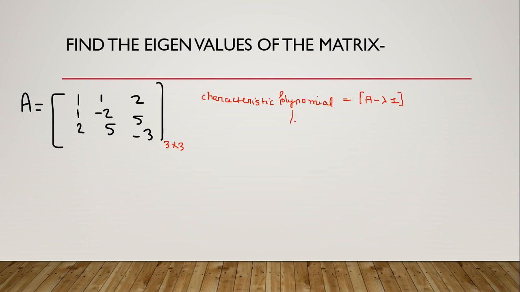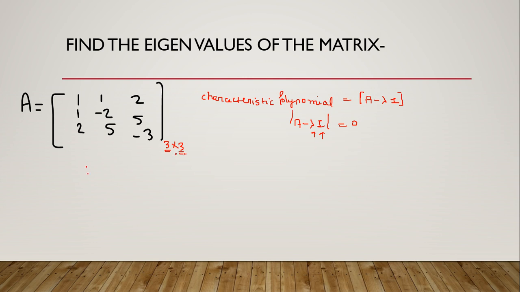When you put the determinant of A minus lambda I as 0, this becomes the characteristic equation. And with the help of that equation, we find the values of lambda, that is, the eigenvalues. Because it is of 3 by 3 order, there will be 3 eigenvalues.